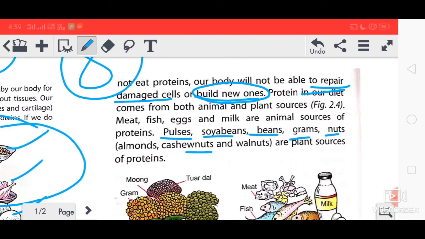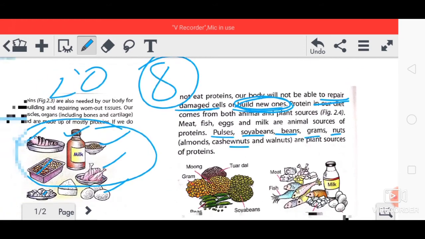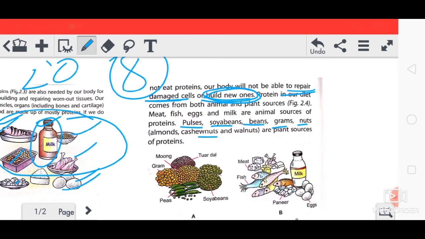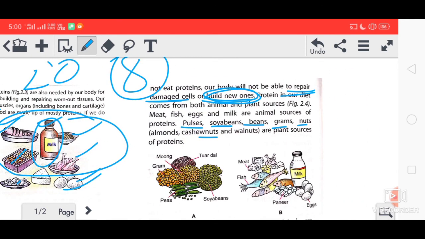You can see here, repair the damaged cells and build the new ones, new ones meaning new cells. And what are the sources of protein? There are various sources of protein: all the non-vegetarian items like fish, egg, chicken, mutton, then milk, nuts, pulses.